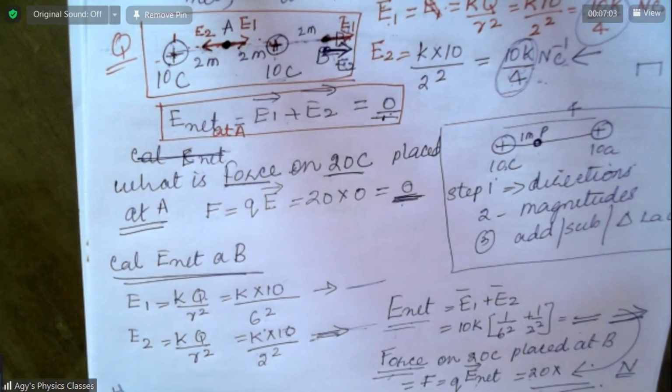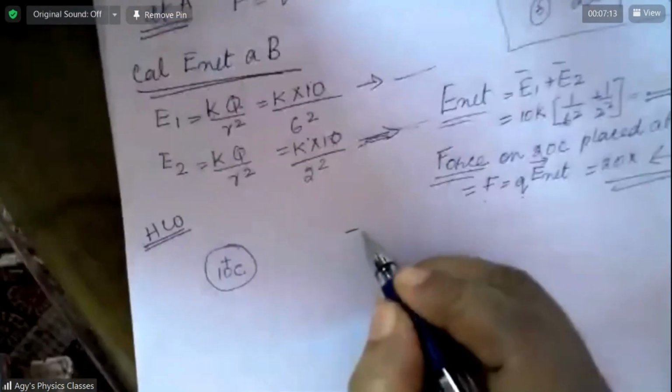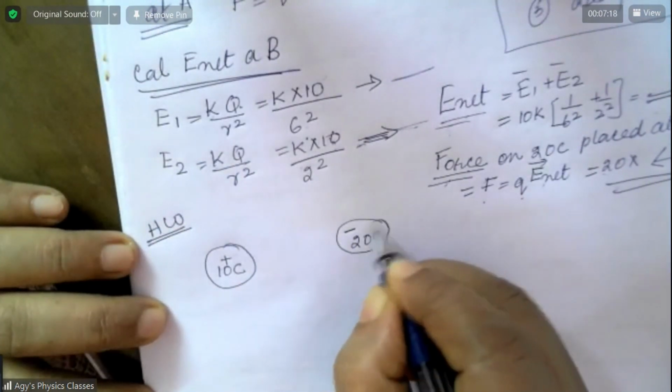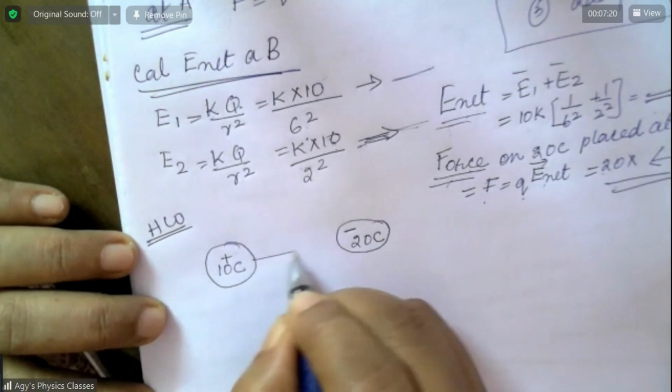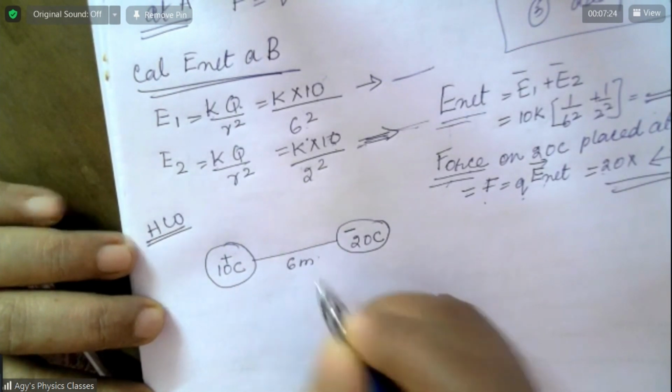Now, shall I give you a homework? This homework is plus 10 coulomb here and minus 20 coulomb here, separated by a distance of, say, 6 meters.